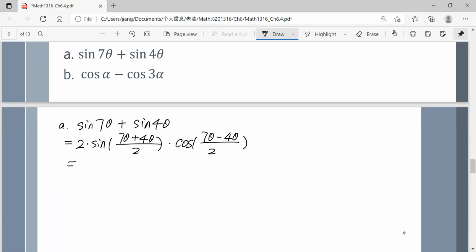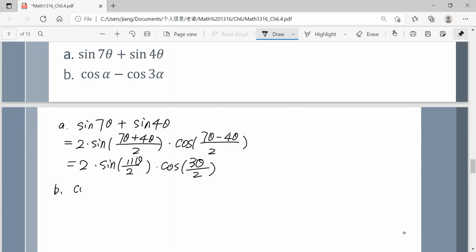And then simplify this. 7 plus 4 is 11, so 11 theta over 2. And the second term is cosine, 7 theta minus 4 theta is 3, so 3 theta over 2. So this is the final answer. It's not hard, you just need to memorize the formulas.